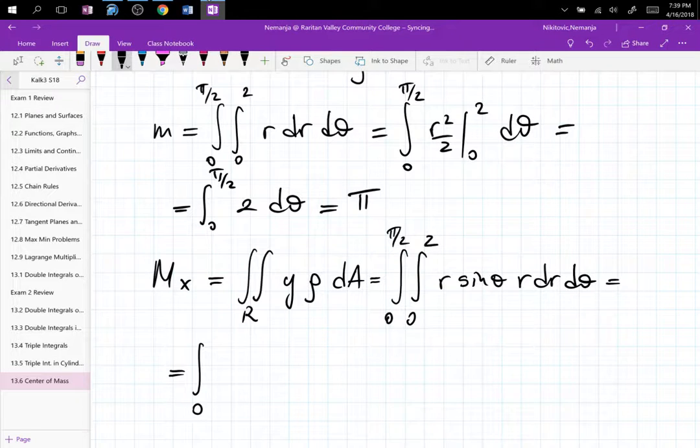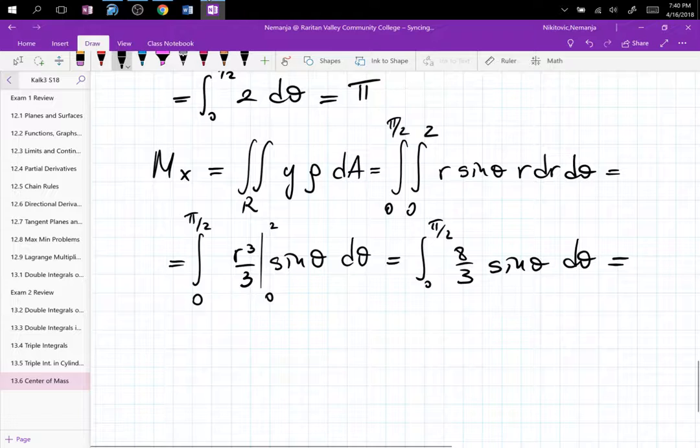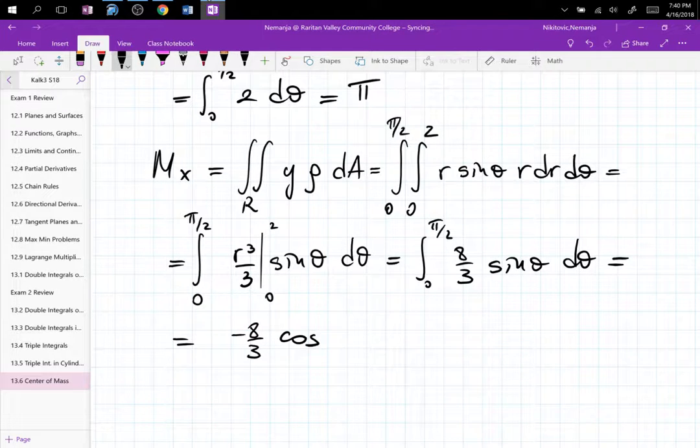So the first integral 0 to pi over 2. R squared integrated is r cubed over 3, times sine theta, computed from 0 to 2, d theta, 0 to pi over 2. That's 8/3 sine theta d theta, which is, and now when you integrate this one, you get negative 8/3 cosine of theta from 0 to pi over 2.